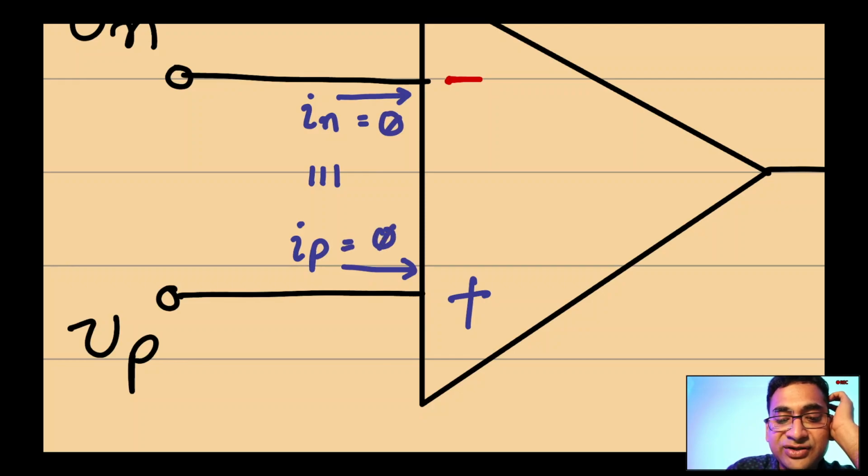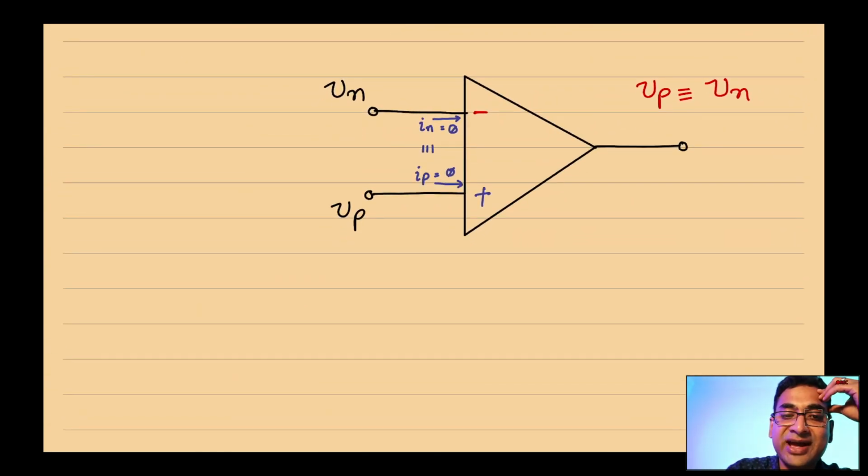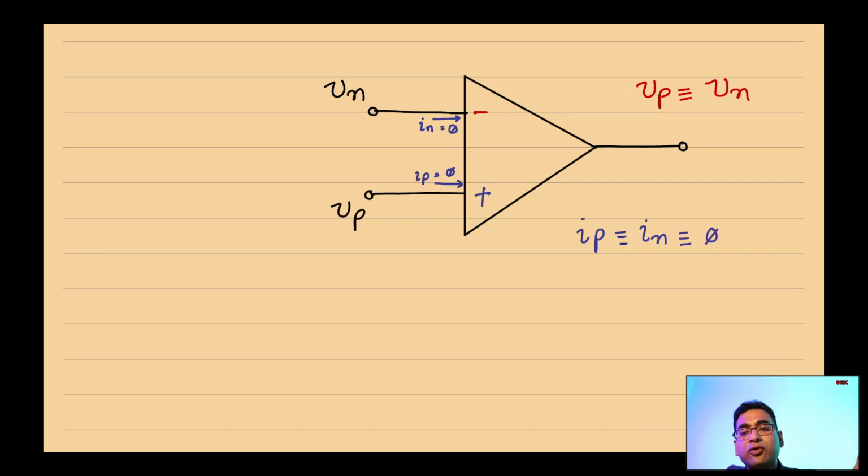There is no current going into the input terminals of the op-amp. That's the idea. Ip is the same as In is the same as 0. There is no current flowing in. How easy can it get?